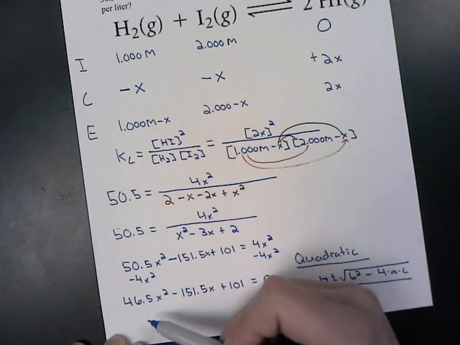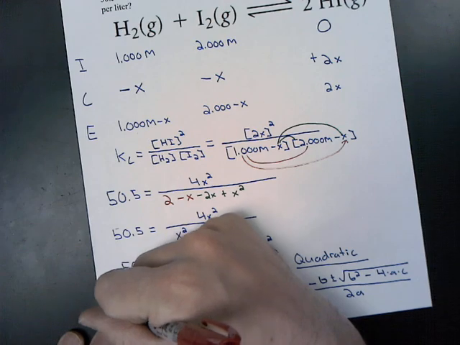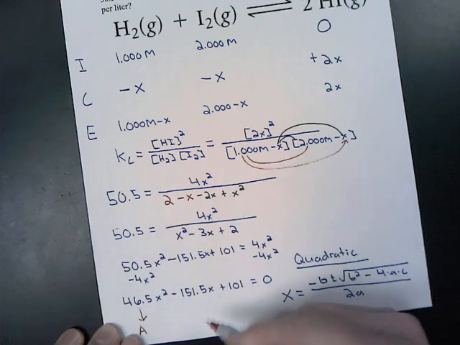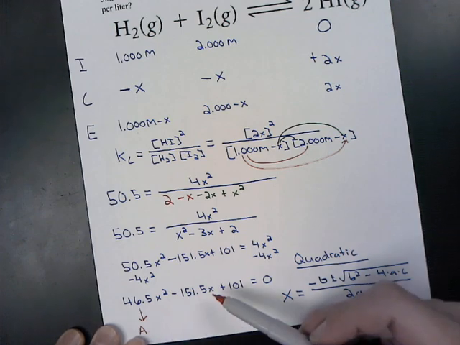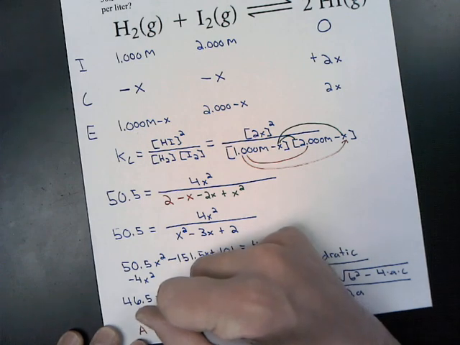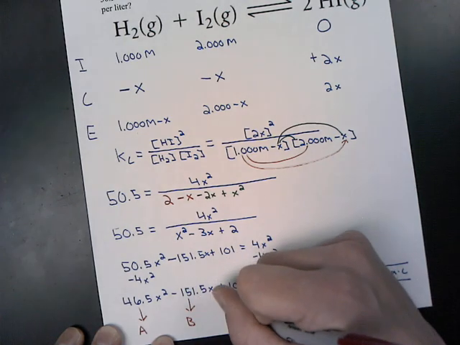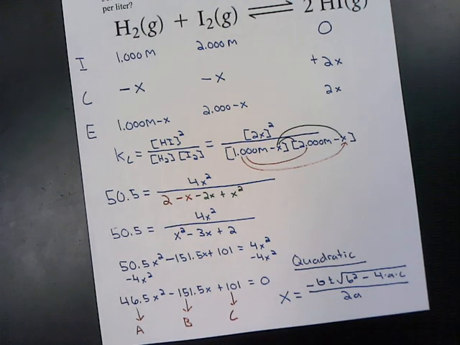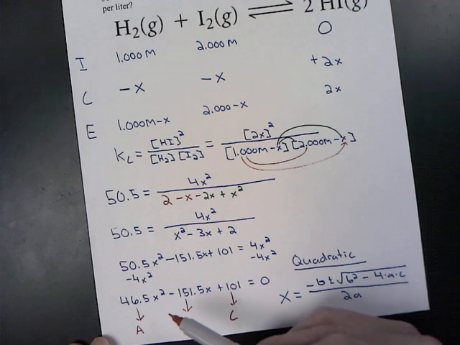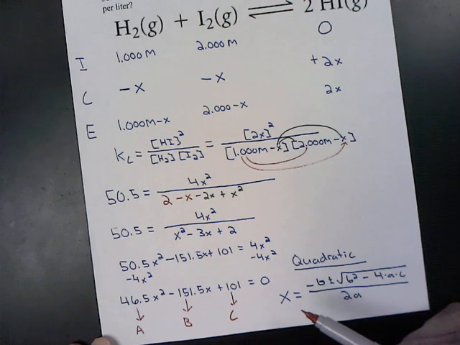Our a term is always associated with the x squared. Our b is the term associated with the x, and our c is our term with no x at all. So I'm going to grab another sheet of paper and use these values and plug them into our quadratic formula to solve for x.